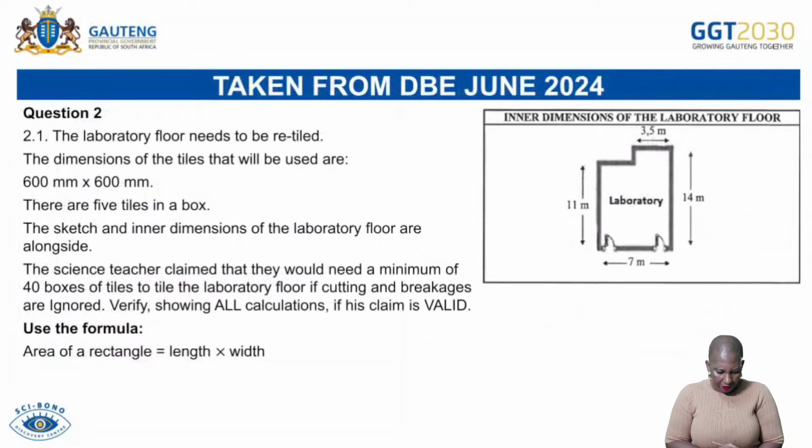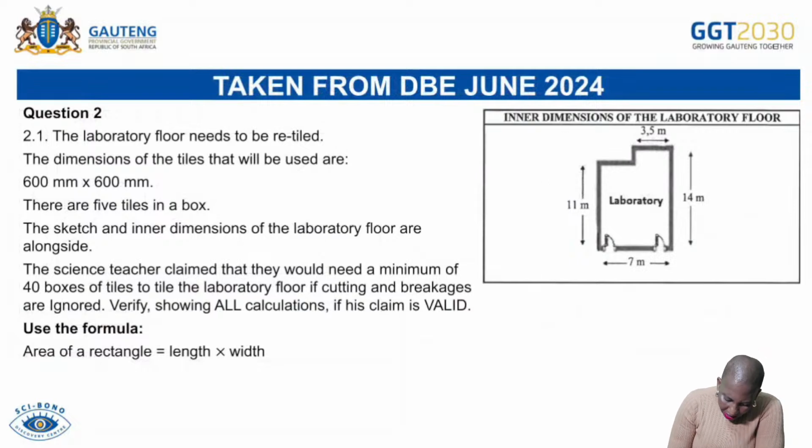Now, let's quickly have a look at this one. The laboratory floor needs to be retiled. Here's the diagram of our laboratory floor. And then the dimensions of the tiles that will be used are 600 multiplied by 600. Boys and girls, what you need to do here, you need to read the given information before you can even attempt to answer the question.